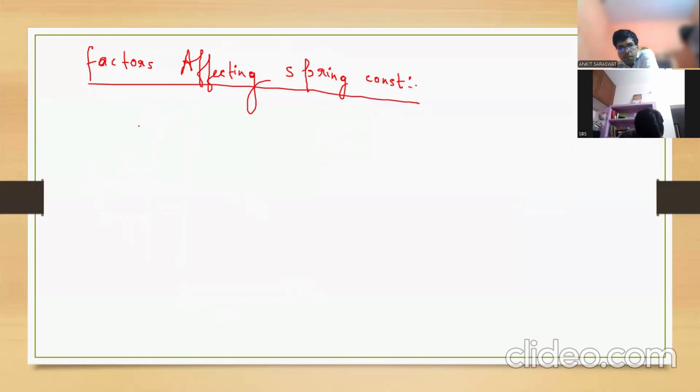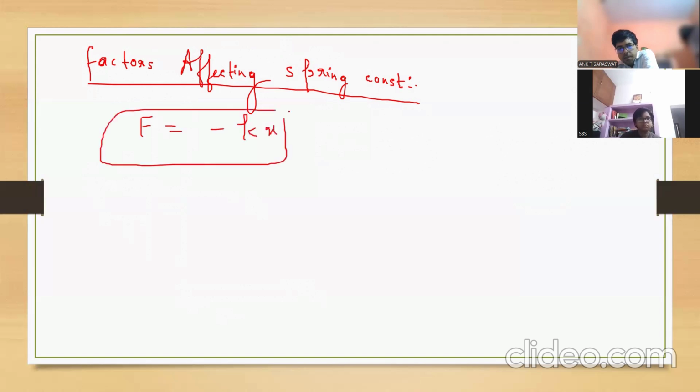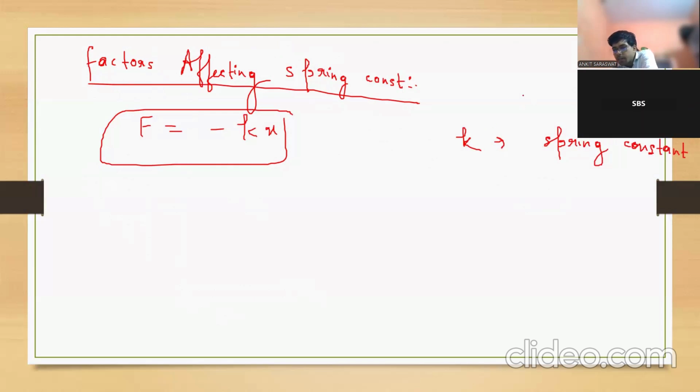So what is the spring force? Spring force is F is equal to minus kx. What is k? K is the spring constant, and x is the extension in the spring.